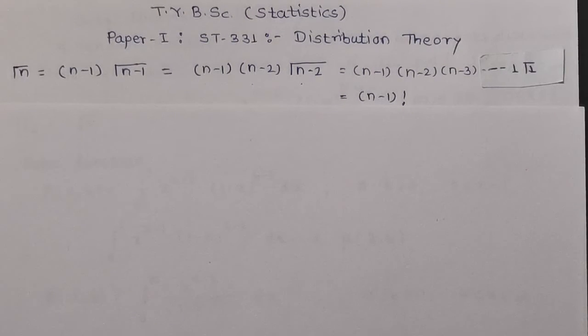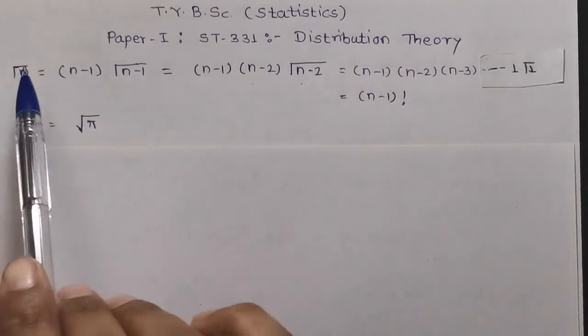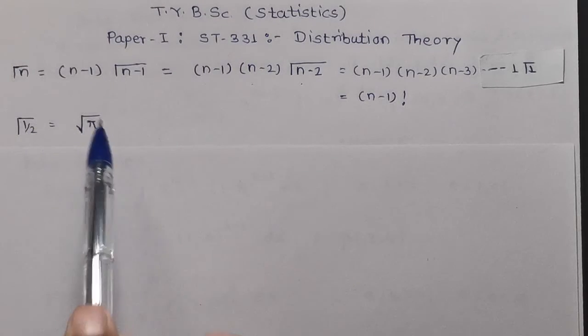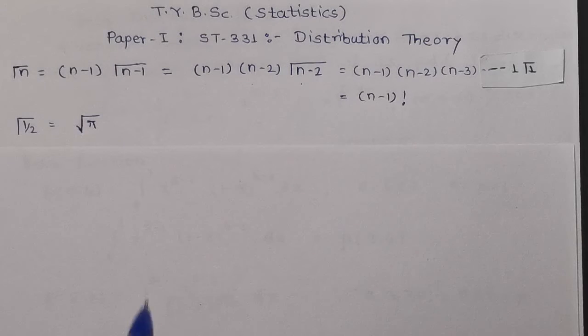If I put n equal to 1 by 2, then we get gamma 1 by 2 equal to square root of pi. This is an improper integral which you can see in the F.Y.B.Sc or S.Y.B.Sc calculus paper in mathematics.